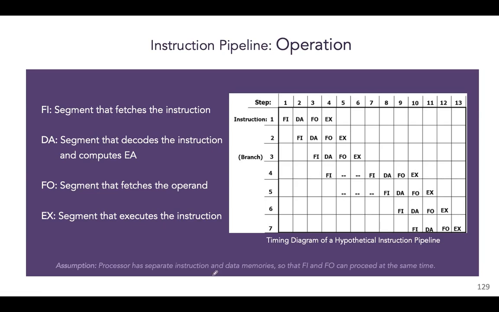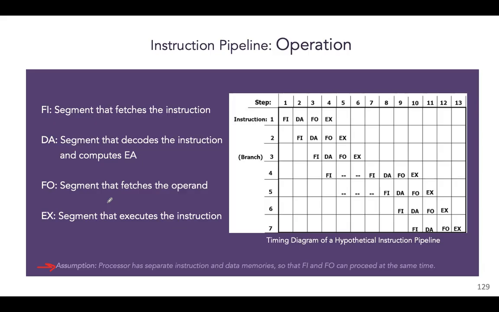Now we're going to try and understand how a 4-segment pipeline normally operates. But before that, we have to take a look at this assumption. As you must already be aware, only one memory operation can take place at the same time. Both instructions and operands are stored within the memory.